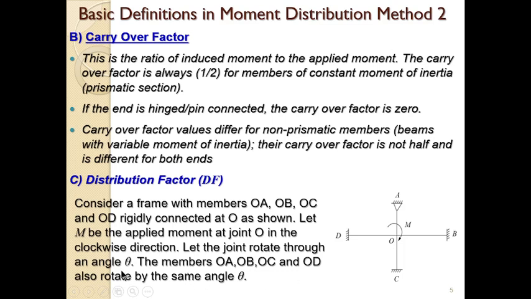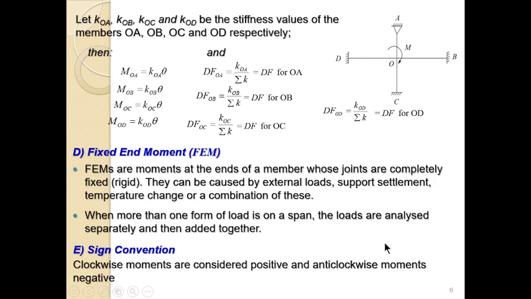So if that joint rotates through angle theta, all the 4 members meeting, that is member OA, member OB, OC, OD, will also rotate by angle theta. Now let K_OA, K_OB, K_OC, and K_OD be the stiffness values of the respective 4 members we have been talking about.